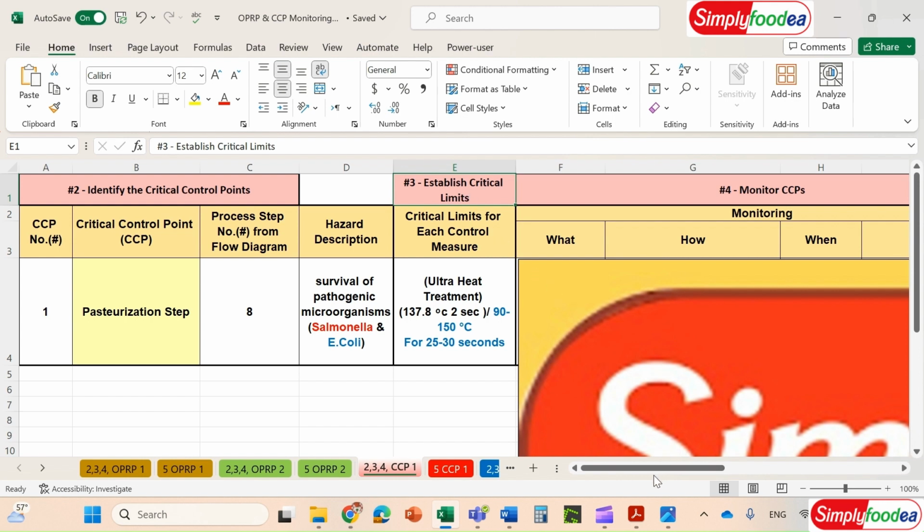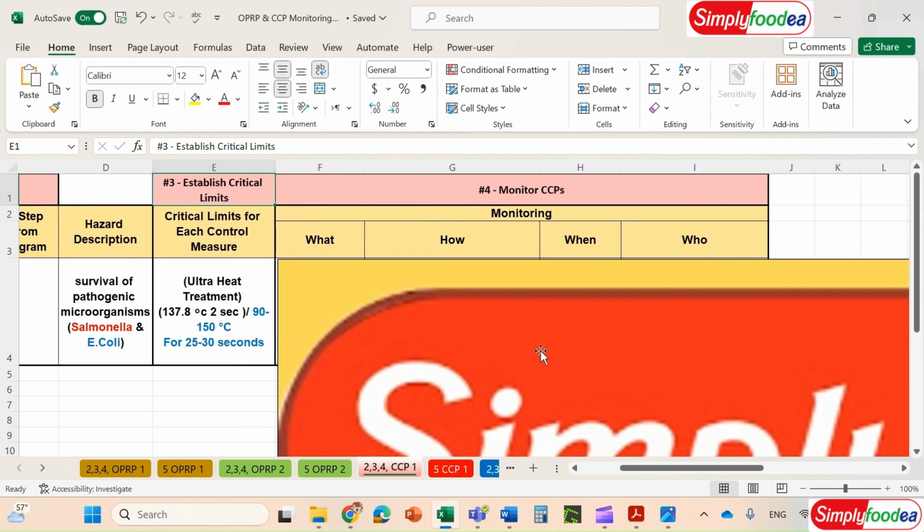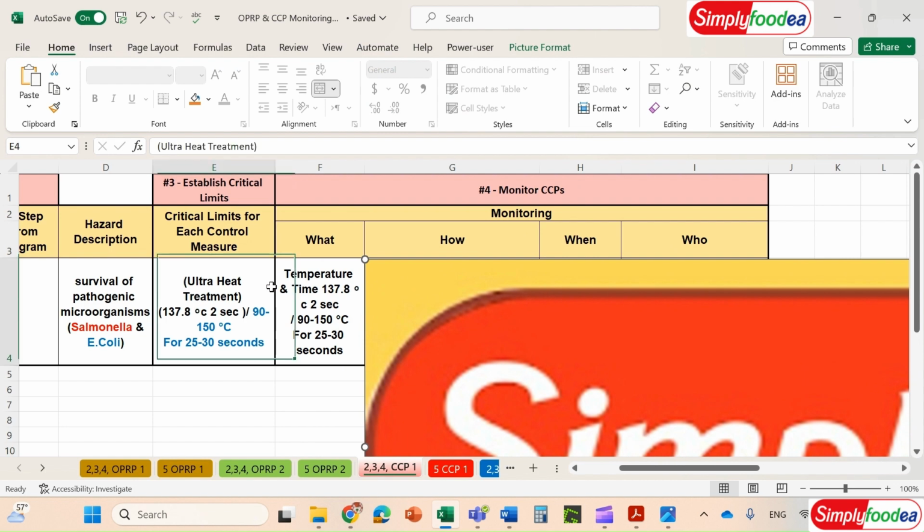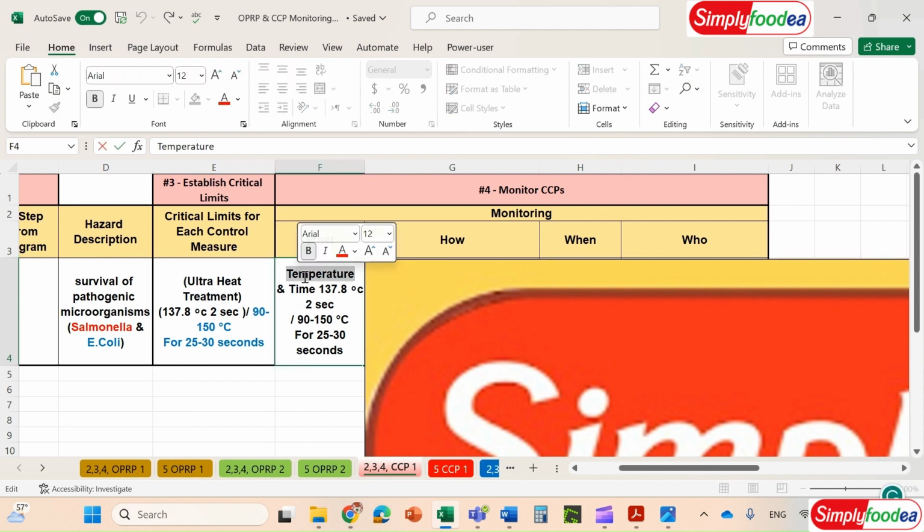Okay, the monitoring process. The 4 main questions: I'm monitoring which process? I'm monitoring the pasteurization, which is my CCP, as I defined it in the process risk assessment table. What am I monitoring? I'm monitoring 2 important things: temperature and time.